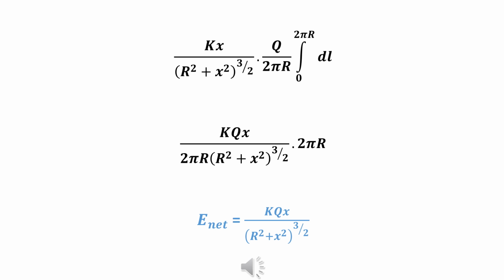As you can see in the figure, if lambda or q is positive, then the net electric field is along the positive x-axis on the right hand side of the ring and along the negative x-axis on the left hand side of the ring. And if lambda or q is negative, then the net electric field is along the negative x-axis on the right hand side of the ring and along the positive x-axis on the left hand side of the ring.